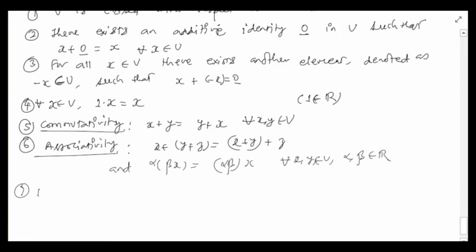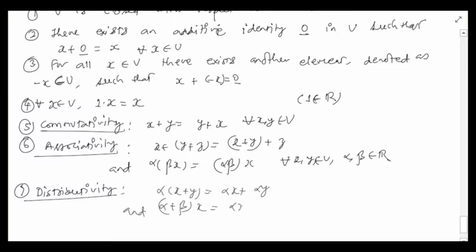Seventh property is distributivity. Okay. This says that alpha times x plus y is alpha x plus alpha y, and alpha plus beta times x is alpha x plus beta x.